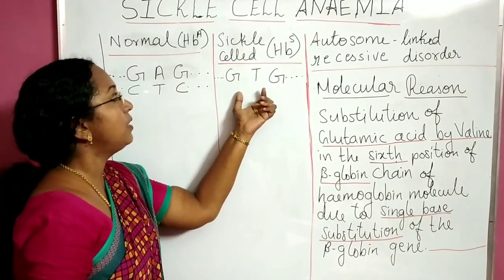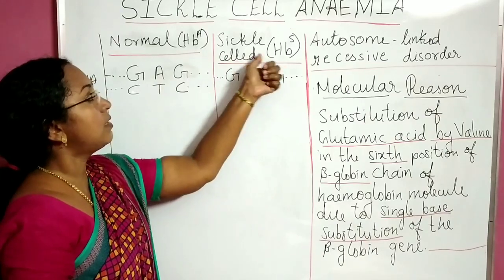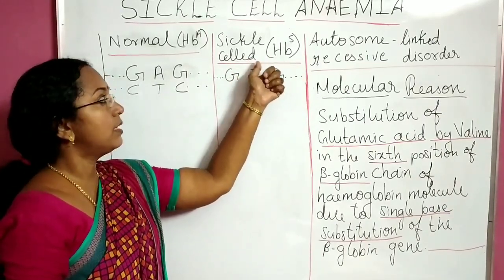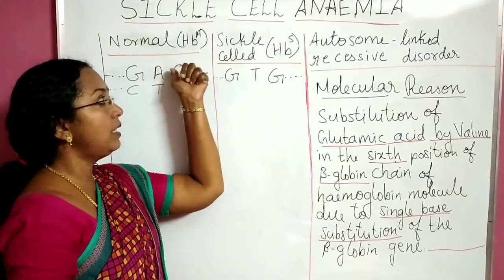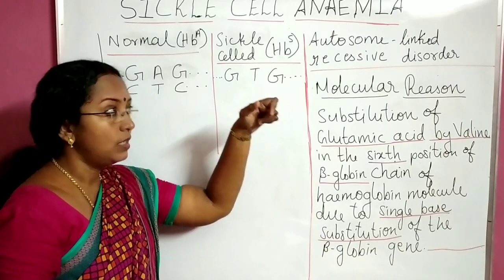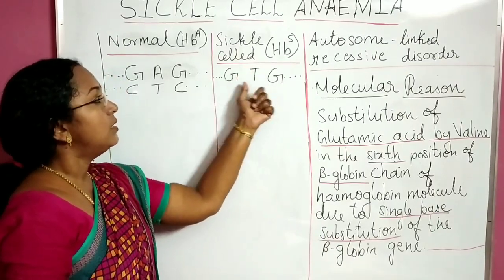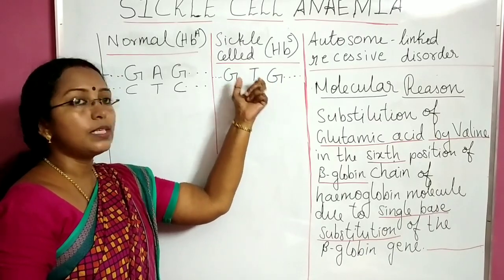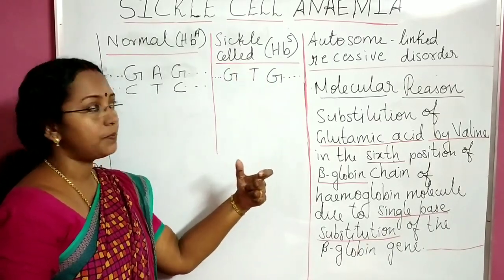What is this showing? This is showing sickle cell hemoglobin. This is normal hemoglobin, which is producing glutamic acid in the 6th position. This I have shown is the code present in DNA in which it is producing valine in the 6th position.